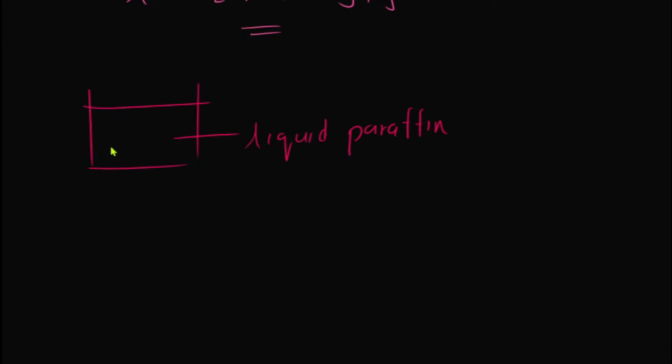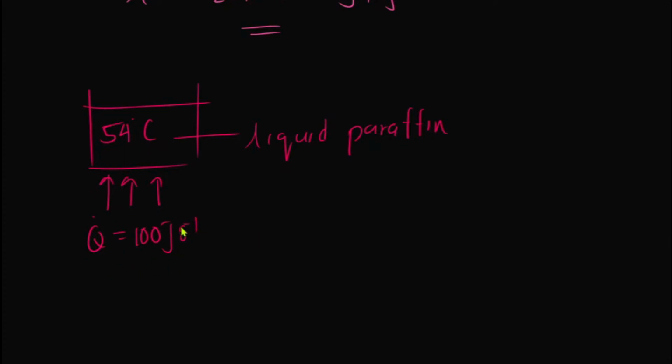Liquid paraffin at 54 degrees Celsius. Initially it was solid paraffin at 54 degrees Celsius. Now it is liquid paraffin at 54 degrees Celsius, right? So now heat is constantly applied at what rate? The same old rate, 100 joules per second.